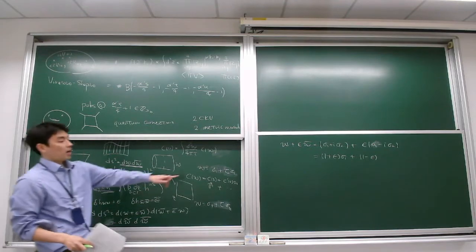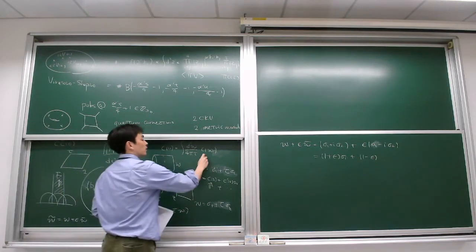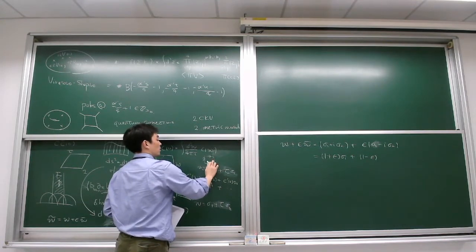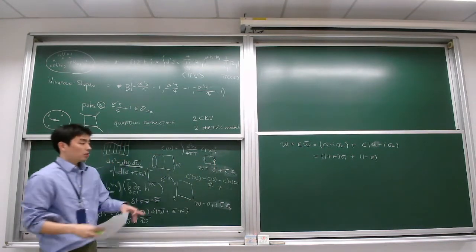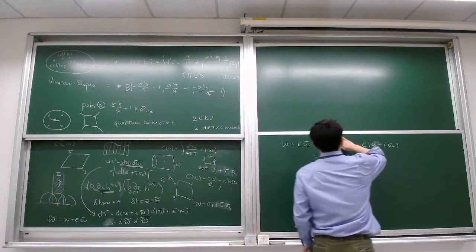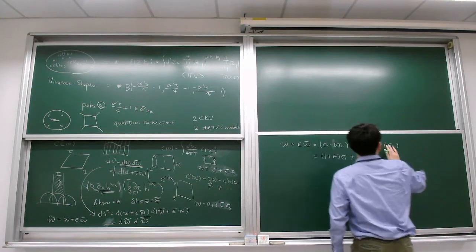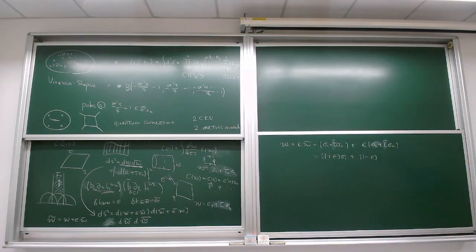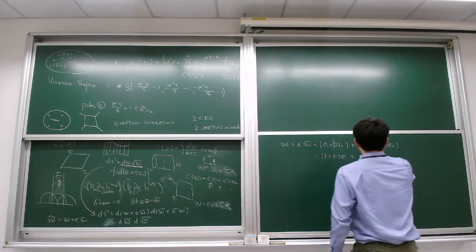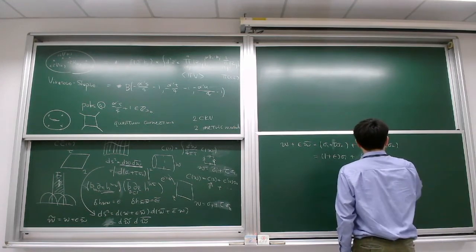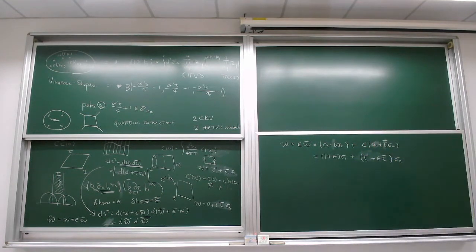When tau is equal to i, you have just a rectangular torus. But you can also include the tilt information and call this tau. Therefore, I have to include this tau here. Actually, sorry, tau bar. Okay, now everything's okay, and here what you have is epsilon tau bar and sigma 2.